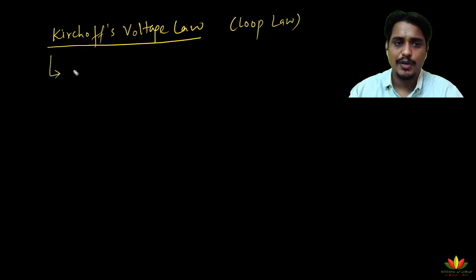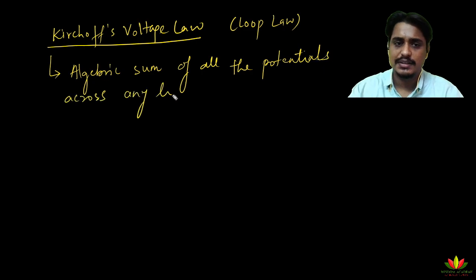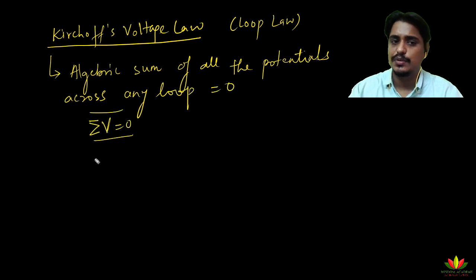It says that the algebraic sum of all the potentials across any loop is equal to 0. The summation of all the potentials is always equal to 0. That is what Kirchhoff's voltage law says.